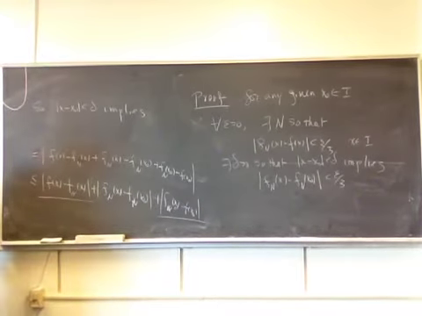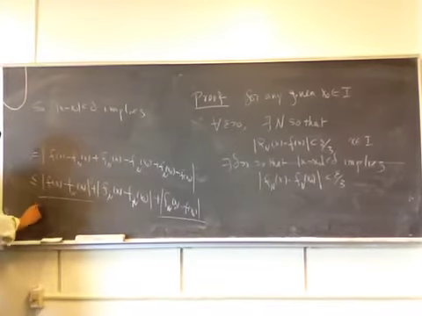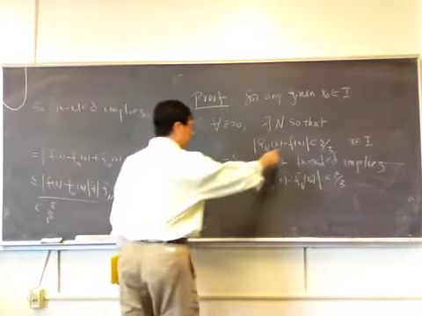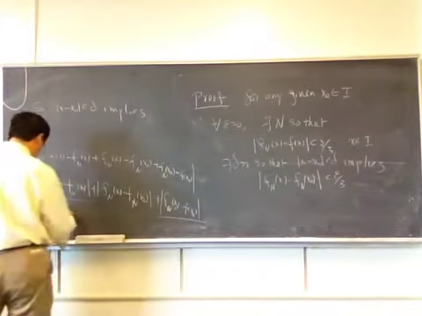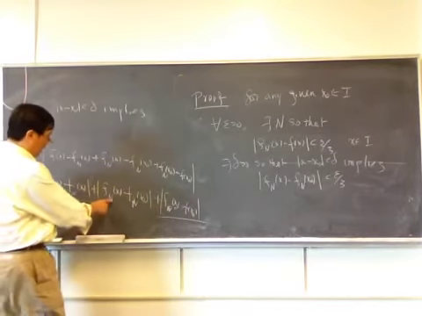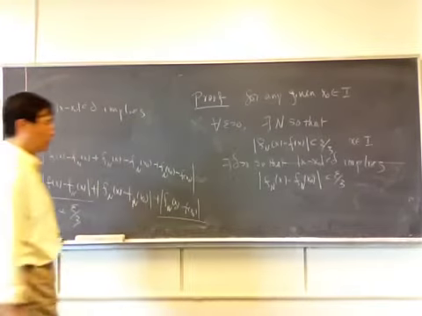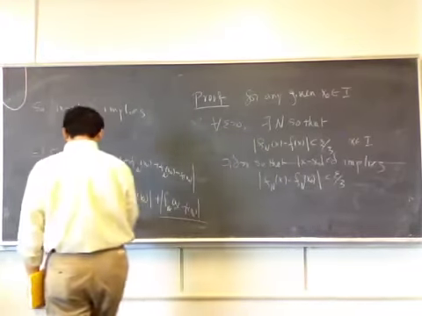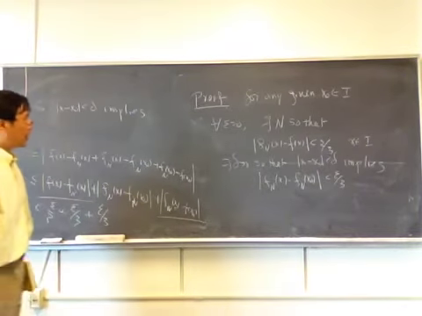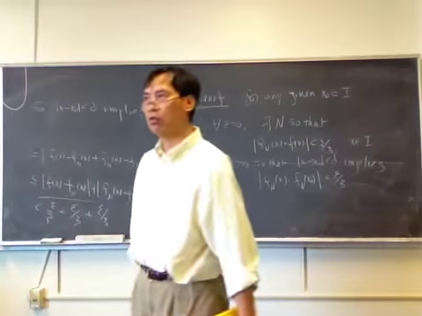And for this N, we know this is less than epsilon over 3 because of uniform convergence here. This is less than epsilon over 3 because each fn is continuous, which is here. And then the third term is less than epsilon over 3. That's also because of this inequality, because the limit converges uniformly.